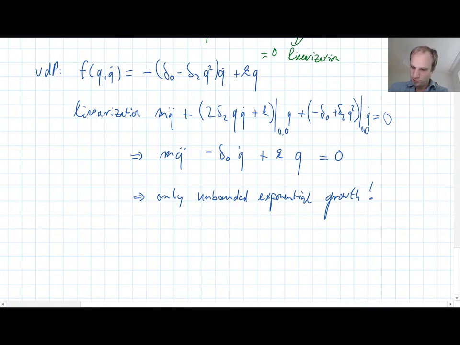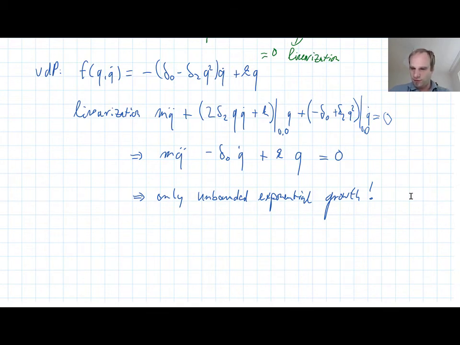Okay, so this is really a very important point. Because this tells us qualitatively that we cannot explain with linear theory what happens. We saw that there's obviously a finite amplitude at which the self-excited oscillations saturate, but linear theory just says we have an exponential explosion.